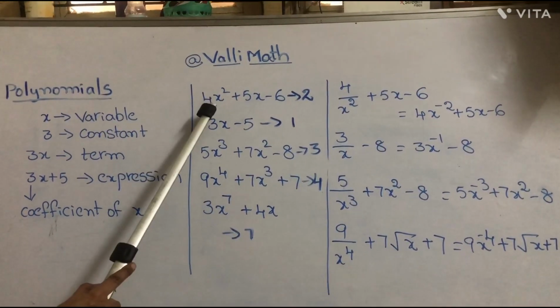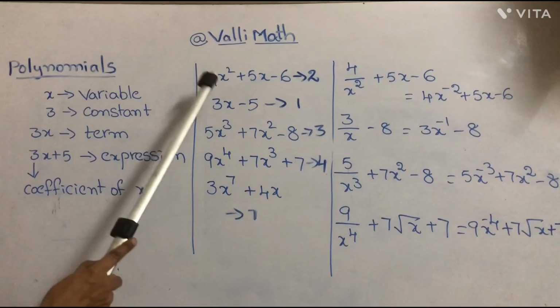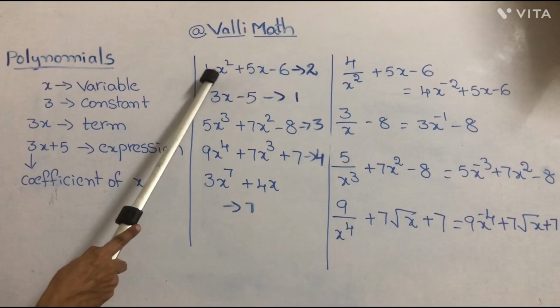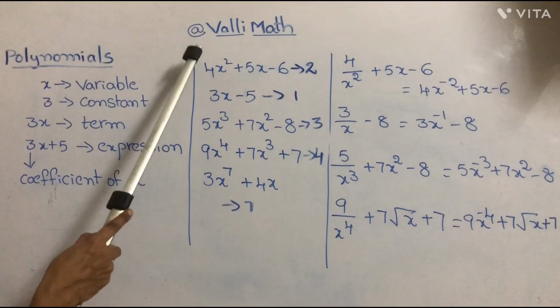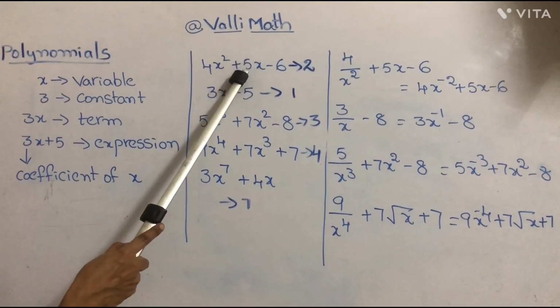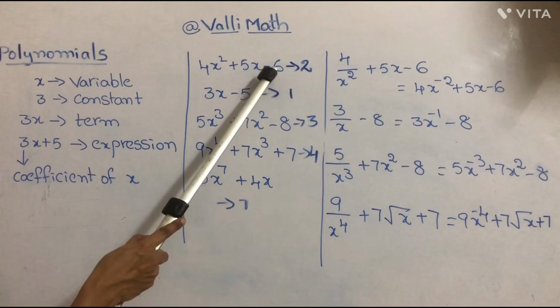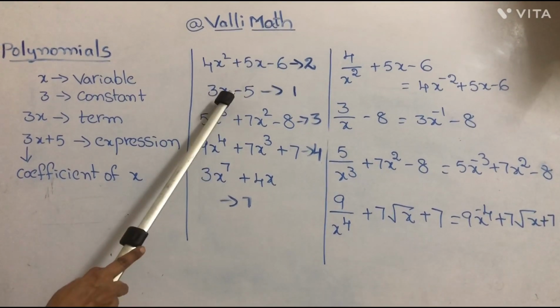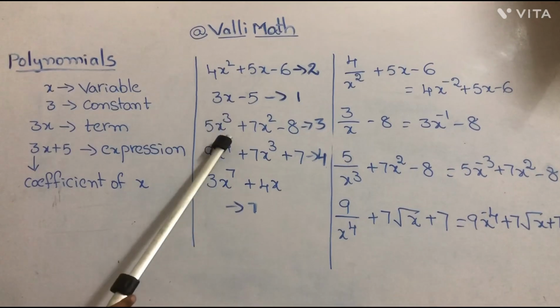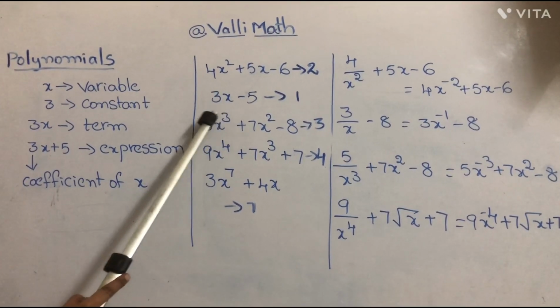Now next one is the coefficient. Here x square coefficient is 4. It is a multiple of 4 and it is known as the coefficient of x square. Coefficient of x is 5. Constant is -6. Here coefficient of x is 3, constant is -5. Here coefficient of x cube is 5.